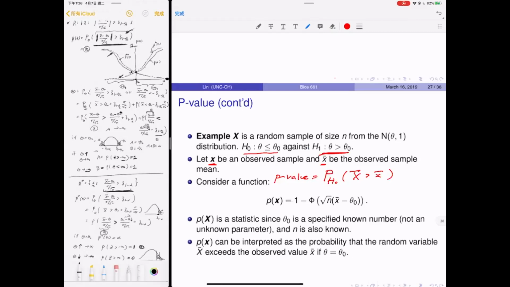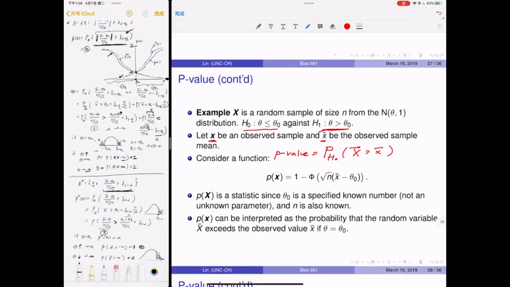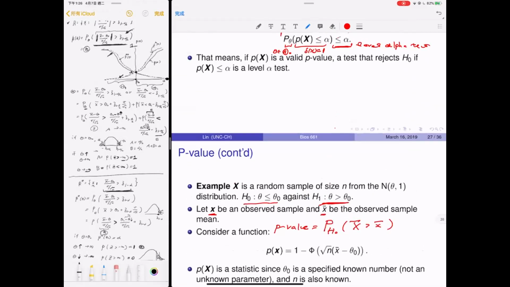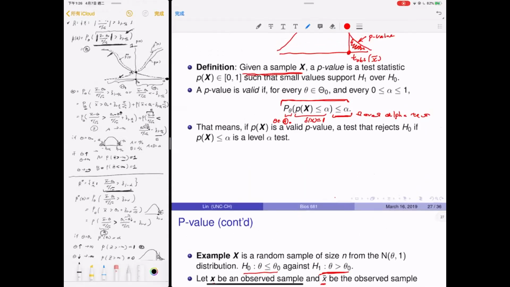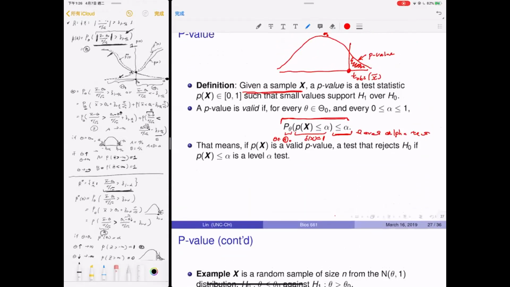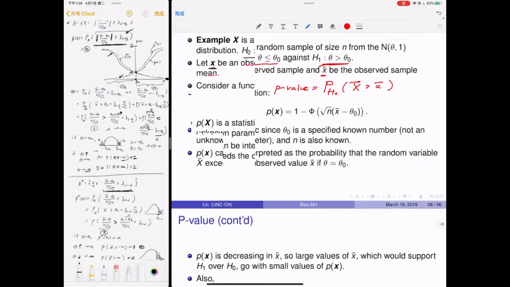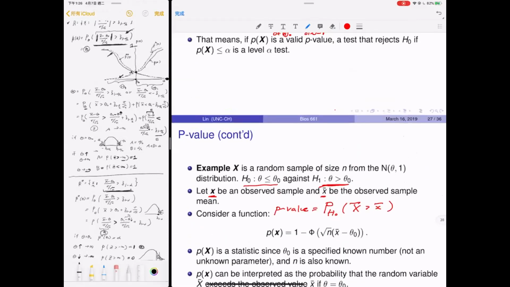So that means it's right here. Oh, also you have to do supremum, right? I think you have to do supremum. So I need to fix the slide right here.